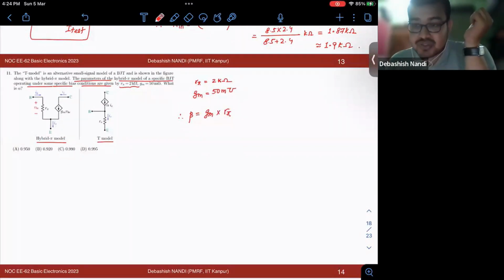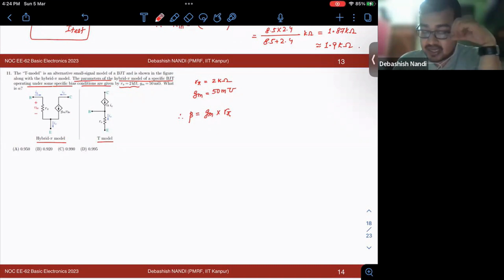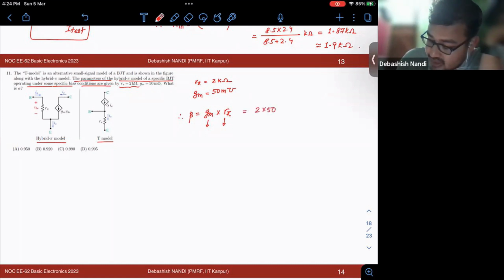Also keep in mind to perform the dimensional analysis every step. Right? See, this is a conductance, this is a resistance. So the product of them will be a unitless quantity, as beta is a unitless quantity, right? So it is dimensionally consistent. So this becomes your 2 into 50 is equal to 100, right?